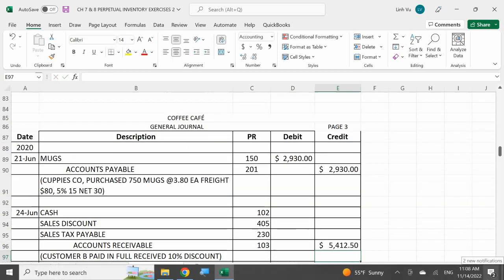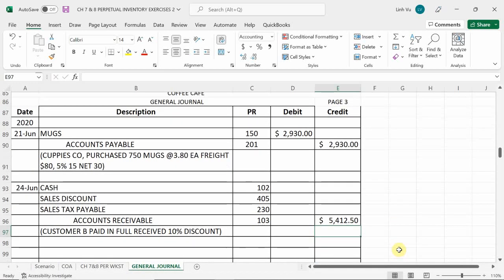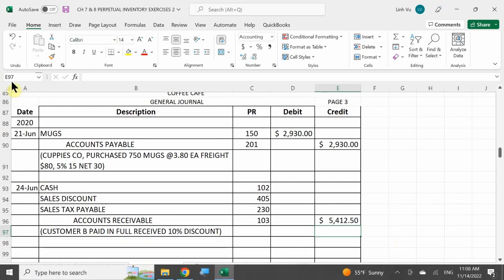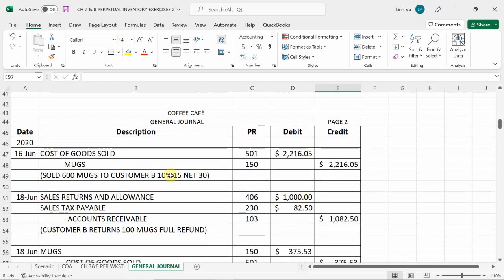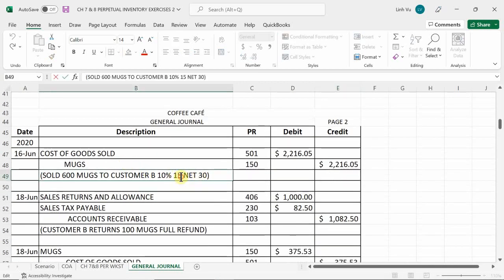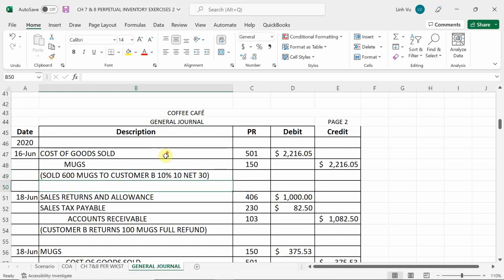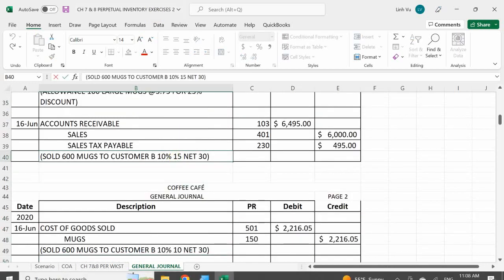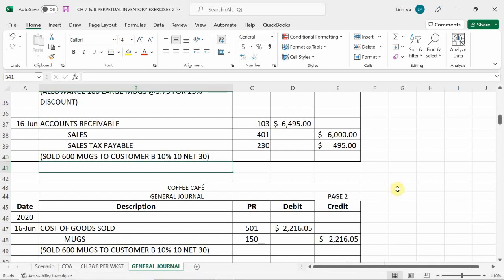So $6,495 minus $1,082.50 should give you a total of $5,412.50. I need to fix this because I wrote that they have to pay within 15 days, but it's actually 10 days, which they made. So that's how much they owe me.